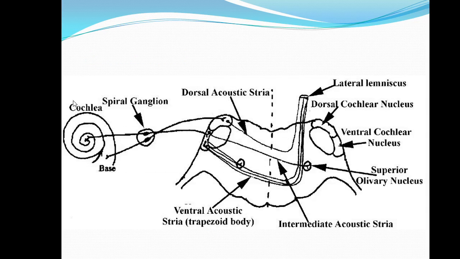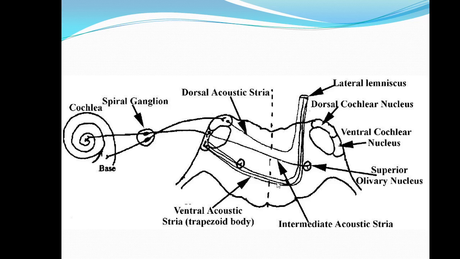Here in this line diagram, you can see the dorsal and the ventral nuclei of the cochlear nerve. This is the dorsal acoustic area. Here you can see the ventral acoustic area. The efferents from the ventral nucleus pass to the trapezoid body.